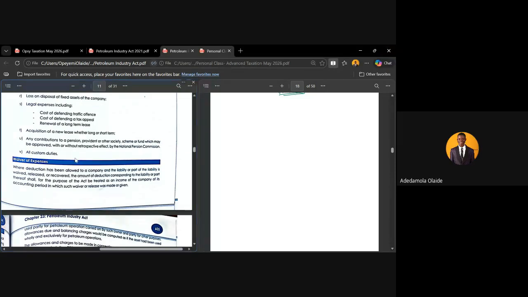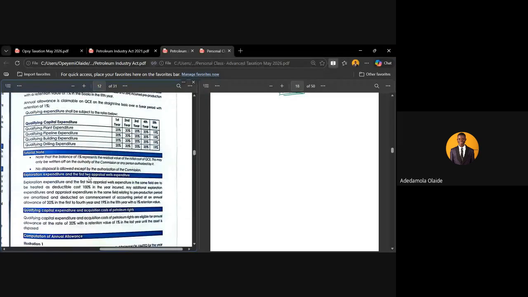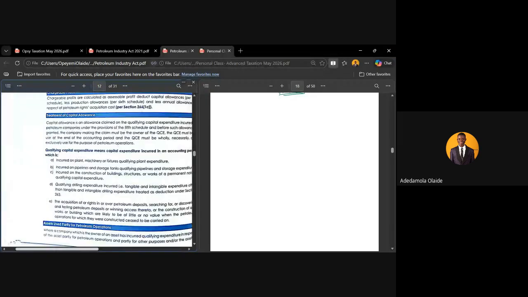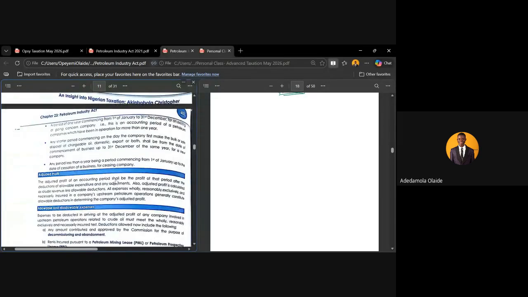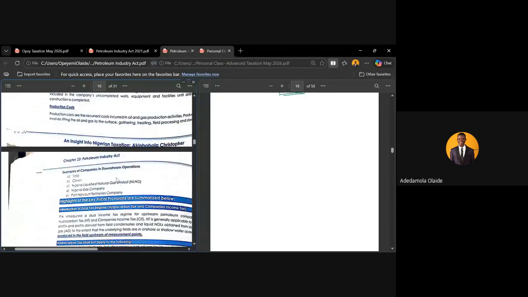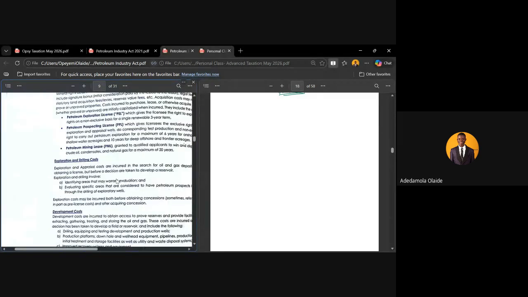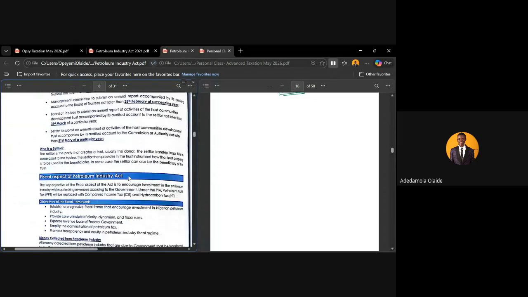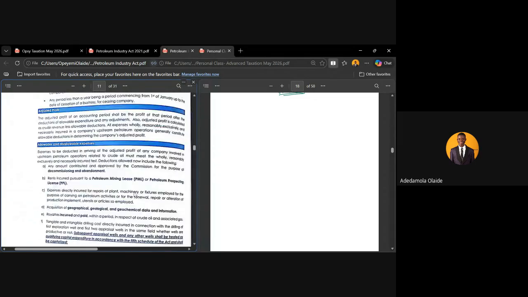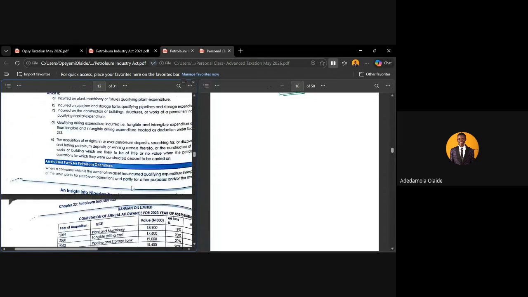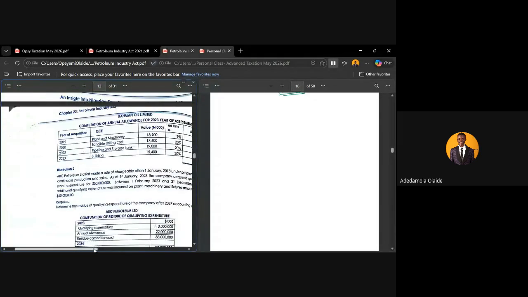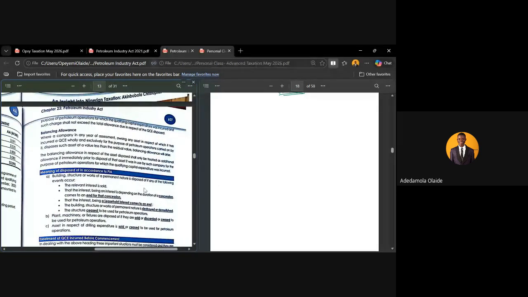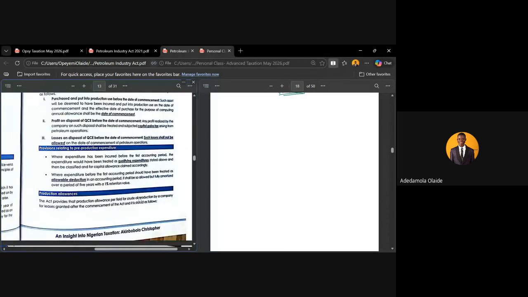So, having explained these expenses, there's one more thing I would like to explain, which is what we call the CPR limit, the cost profit ratio limit. The cost profit ratio limit is also one important aspect that we cannot overlook. It is what helps us to keep our expenses in check.